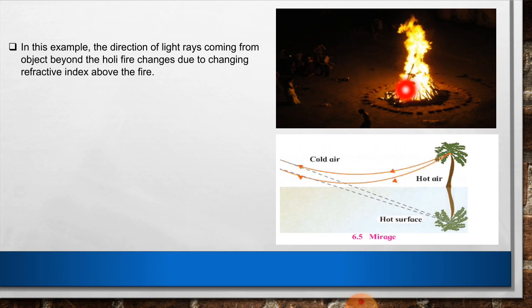So there is mixing of temperature, and that's why the refractive index also keeps changing. Thus the object appears to be moving. When we see an object from beyond the holy fire, we see that it is shaking, but in reality the object doesn't shake.